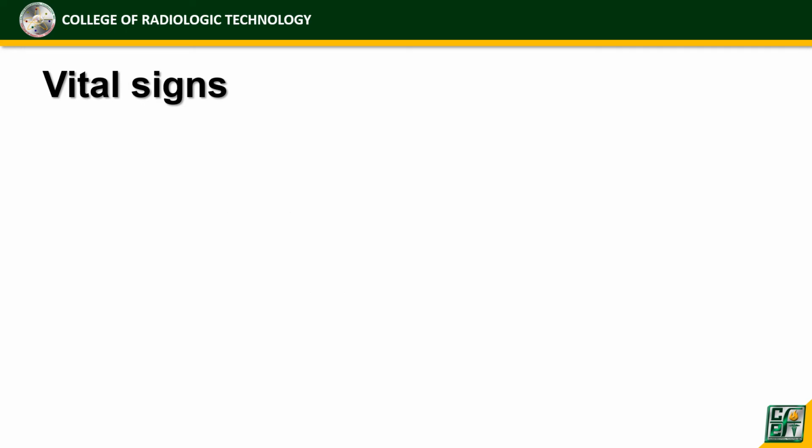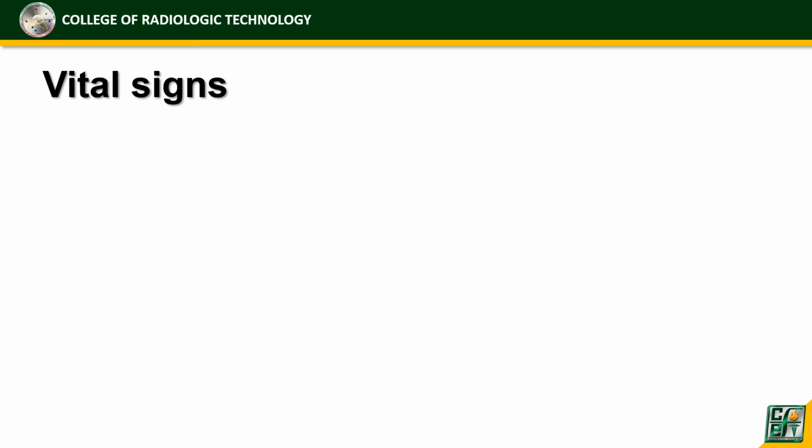Next, we have vital signs. So vital signs include temperature, abbreviated to just the capital letter T, the blood pressure, abbreviated to BP, then the pulse rate or PR, and the respiratory rate.